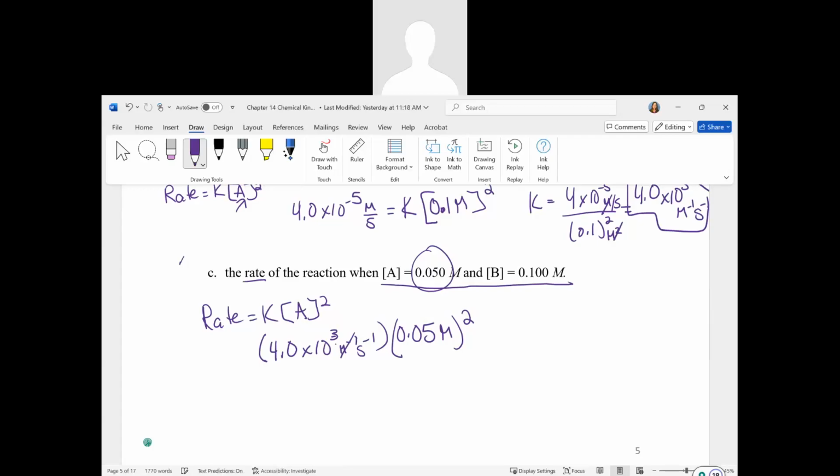This will cancel out with one of our molars. Our units will end up being molar per second, and we end up with 4 times 10 to the third power times 0.05 squared. So we end up with 1.0 times 10 to the negative fifth molar per second.